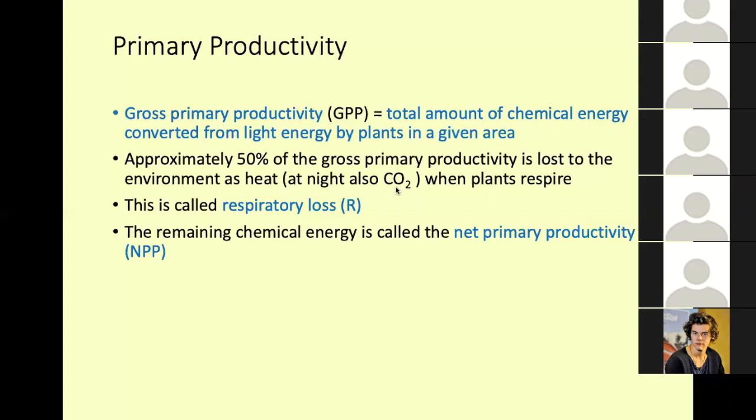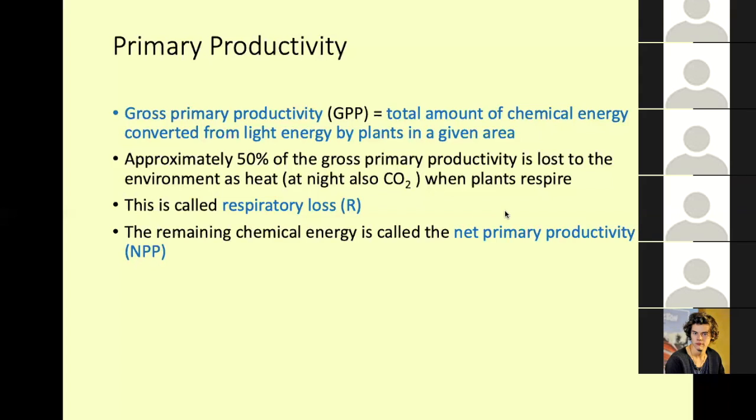And you can also think CO2, those of you who are chemists, CO2 is exiting at night. If you do your relative atomic mass, you'll notice CO2 weighs more than oxygen. So we're losing mass at night as a plant. You will also be losing the energy in the bonds of CO2. But in general, we characterize this loss as all connected.